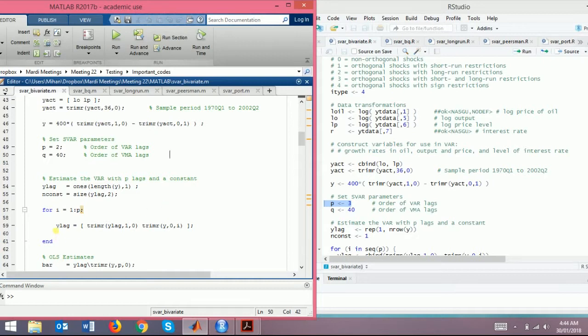We're going to do a loop for that, and as we remember, our lag function was phi, 1 minus phi 1 L minus phi 2 L square, which was going like that.